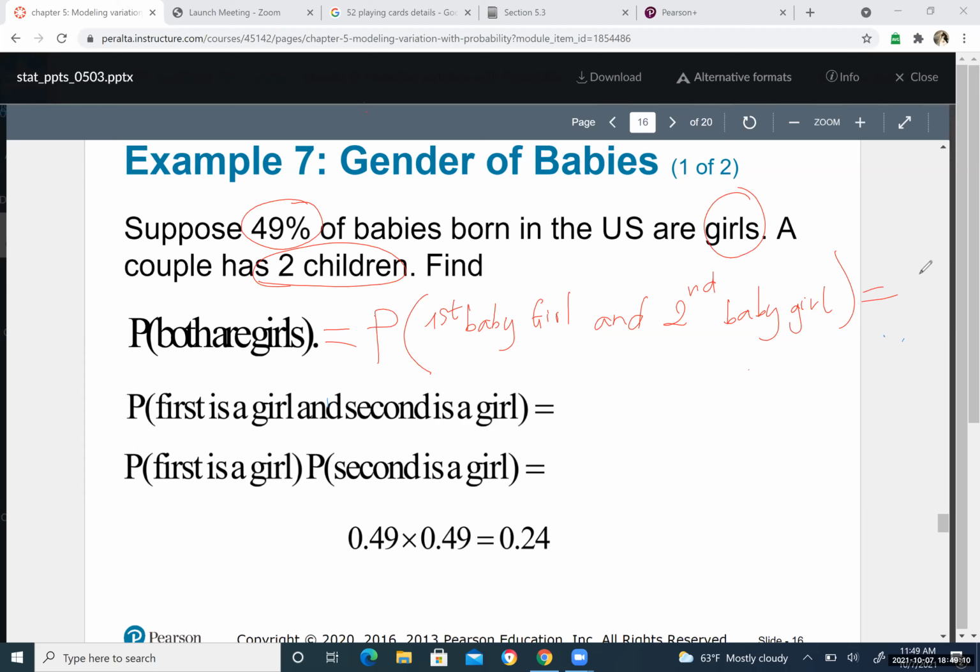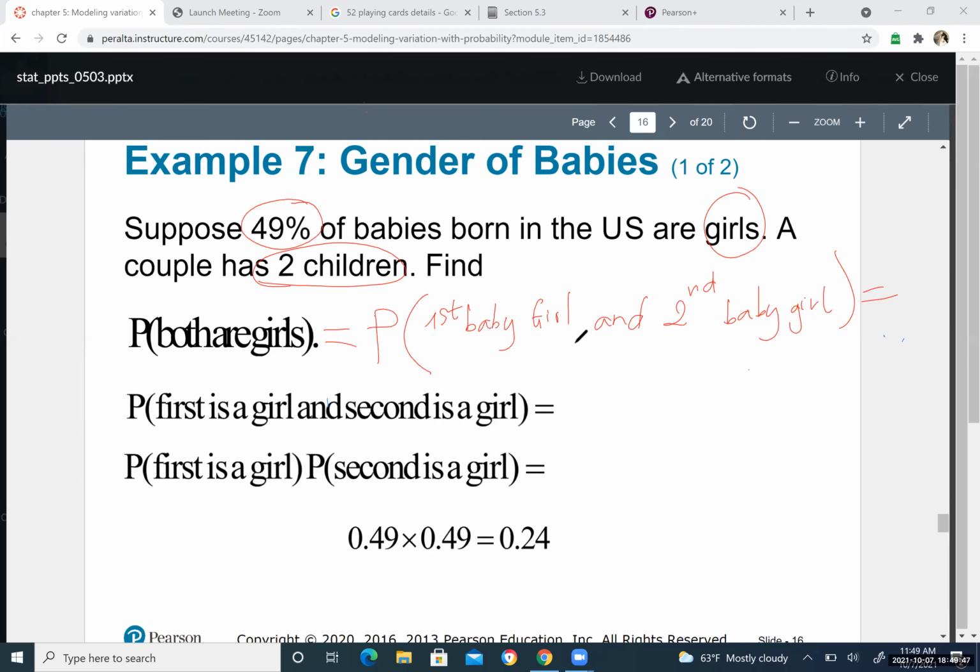They are independent events, because they're talking about the entire US, each baby girl has a 49% chance. And each couple in the US has 2 children, so they're not associated. So you use this formula to compute the probability for each family. We know that these 2 are independent.